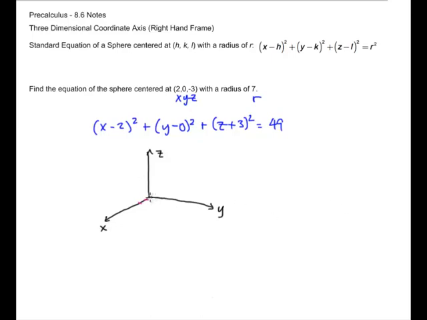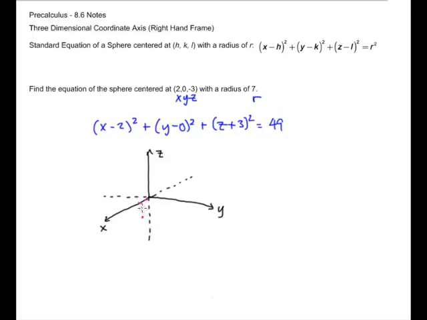So we're going to come down. And remember, these dotted lines are going to represent the negative parts of our axis. So 2 and then -3 down. So I'm here at 2 and I'm down 1, 2, 3. So here's my center.